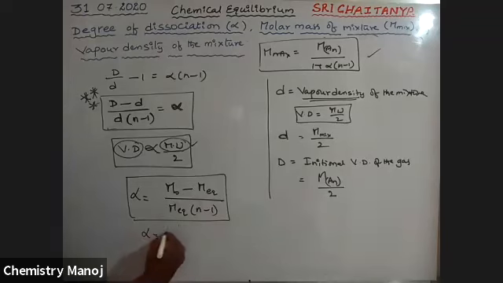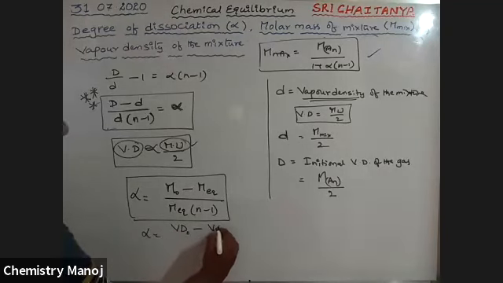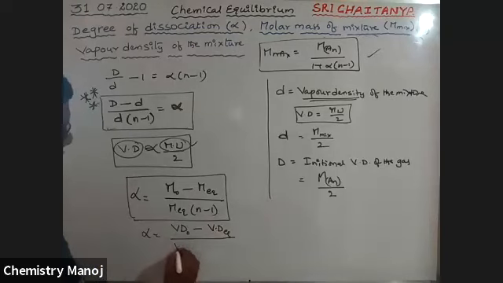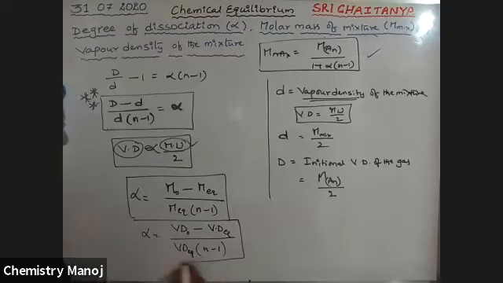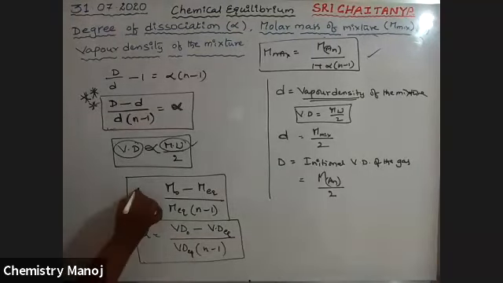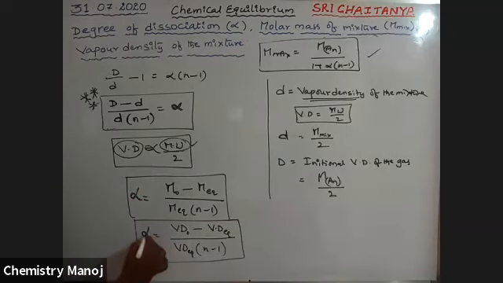Or alpha is equal to initial vapor density of the gas minus vapor density of the gaseous mixture at equilibrium, by vapor density of the gaseous mixture at equilibrium into n minus 1. Whatever it may be, these are the formulas used for calculation of degree of dissociation.